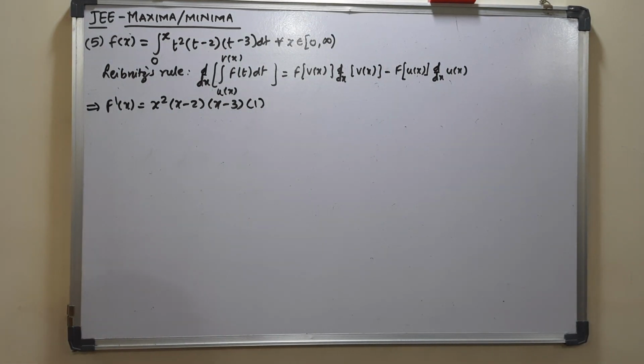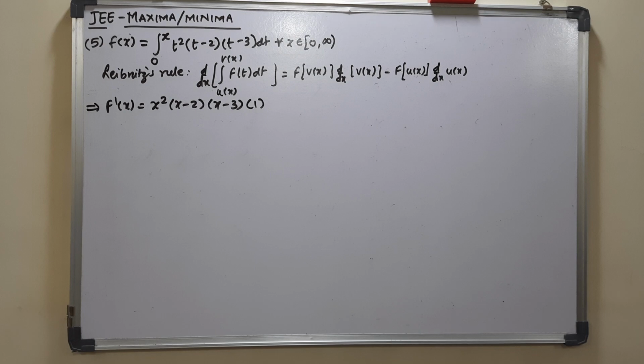So I get derivative of f(x) to be x square into x minus 2 into x minus 3. Now the question given to you is this. I need to think whether I am going to get minimum or maximum over here. That is what exactly is required.